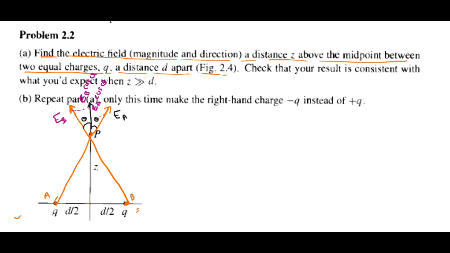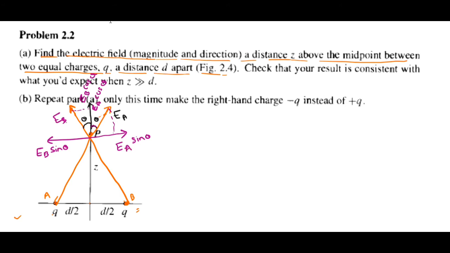Then the perpendicular components will be along this one for this vector. This will be EA sin theta, because this is angle theta. For EB, this will be EB sin theta. It is clear that these two, EA sin theta and EB sin theta, are equal and opposite.